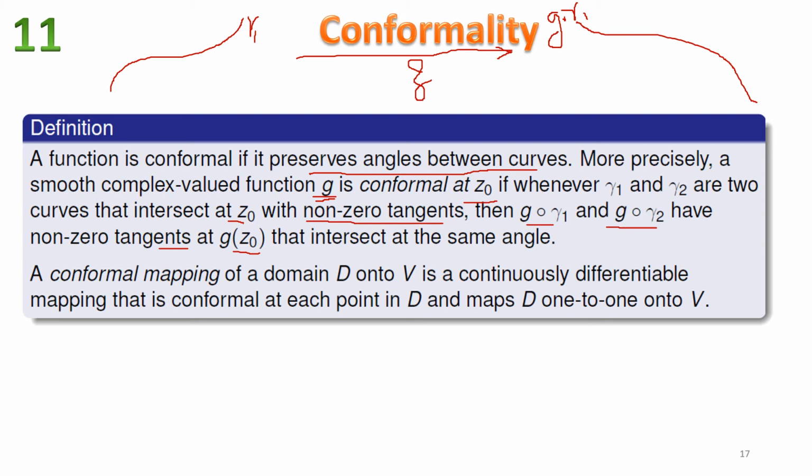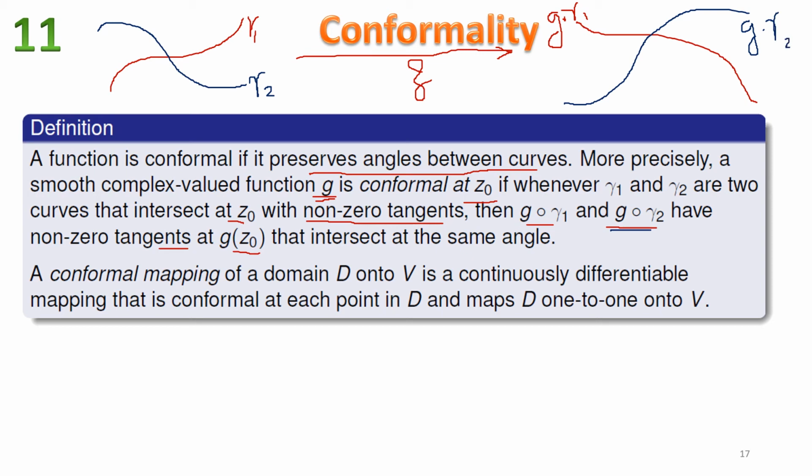Now let us suppose that we have another curve, say gamma 2. Let us suppose that this is gamma 2. Now when g is operated on gamma 2, it results in another curve. Let us suppose that this curve is g operated on gamma 2.